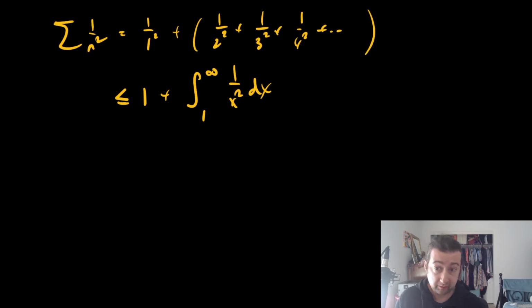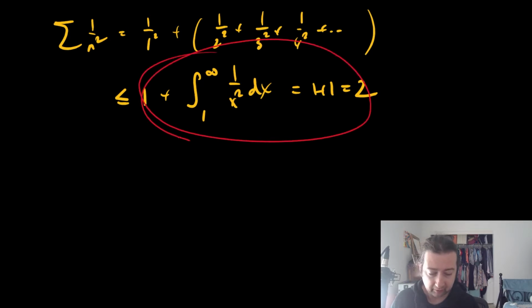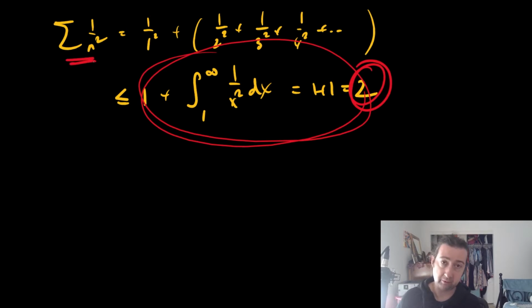And that integral is 1. So what we're saying then, since everything here was positive, is that because this converged to a finite number, this is finite, then this must also have converged because it adds up to something smaller than infinity.